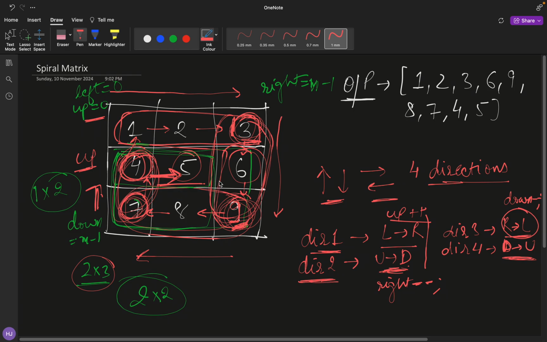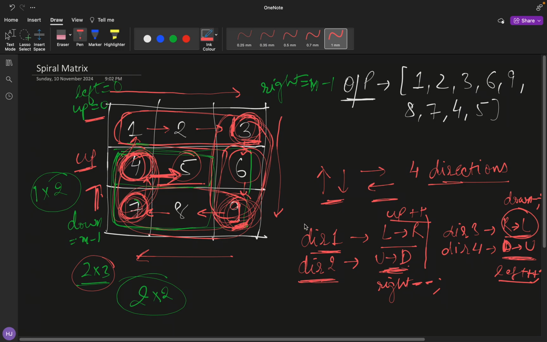But do you think it is really good to overlap with the first element of the next traversal? The answer is no. So we will simply increment our left pointer over here, because we are starting again with direction number 1.